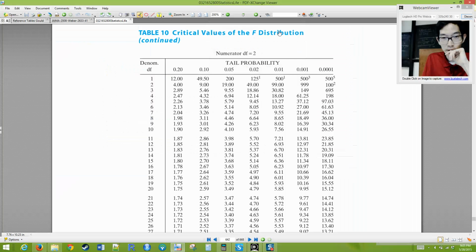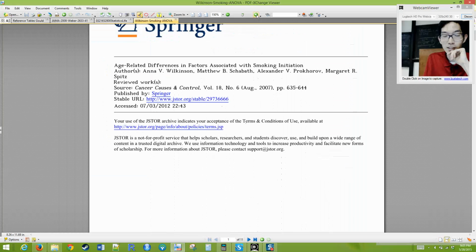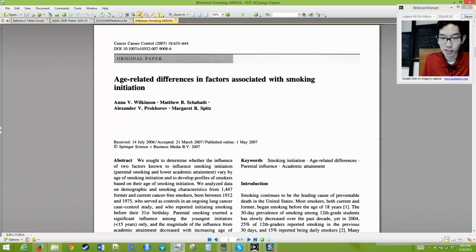But this one uses one-way ANOVA. I guess it's kind of interesting, with apologies to Anna Wilkinson and team for saying their work was uninteresting. You don't have to read this article in the same depth of analysis that you did for the last article. Basically, I'll just tell you what they did.